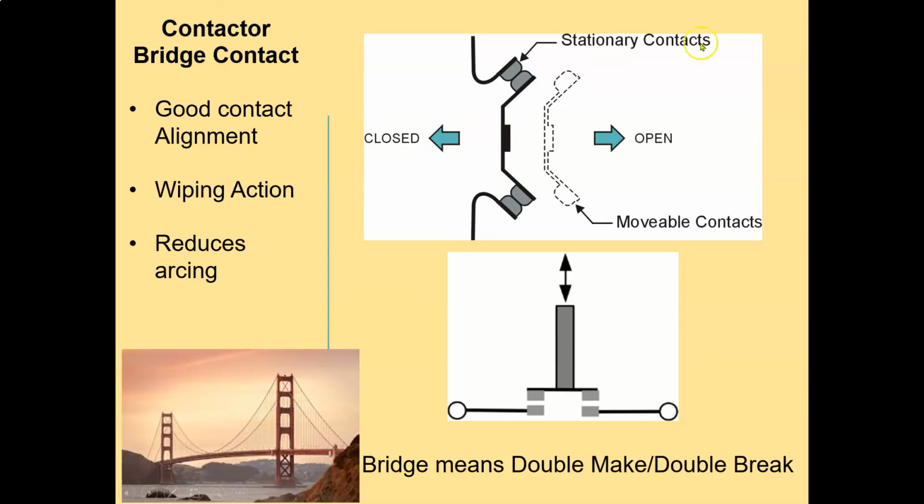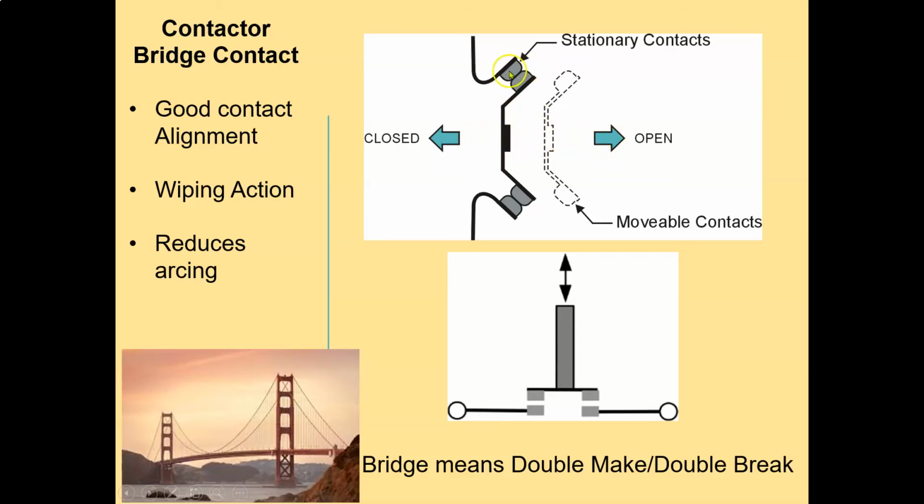So here we have a bridge contactor. When it closes, obviously these two contacts are going to be in place, so we have current going through here and here. It's split into two compared to going through only one spot. So the amount of current can be reduced, which means the arcing will be reduced when this thing is opened up if there's a current traveling through it.